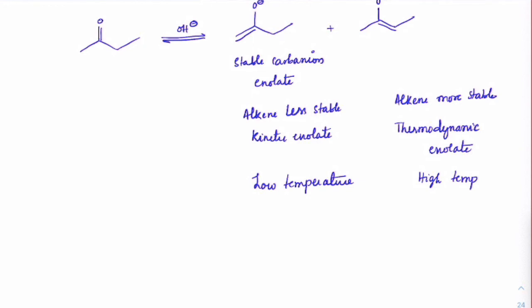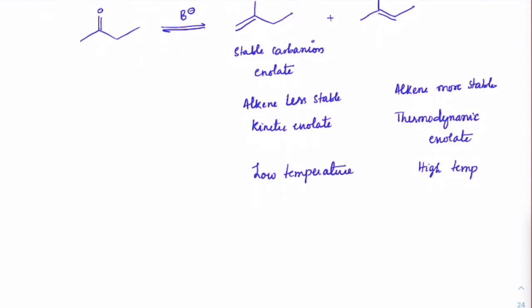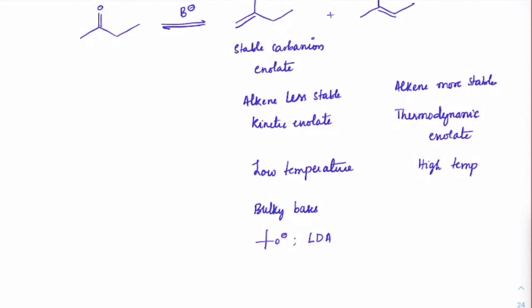So what type of base, if I write it in generic form, suppose I take any base B minus. What type of base will favor more of this product and more of this product? If you see, all the bulky bases like tert-butoxide, LDA, okay, you know LDA, right?